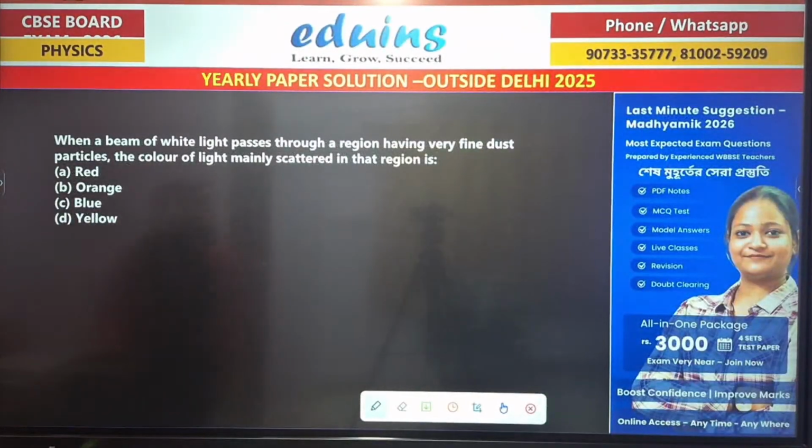When a beam of white light passes through a region having very fine dust particles, the color of light mainly scattered in that region is red, orange, blue or yellow. What will be the right answer? So students, what do you think?